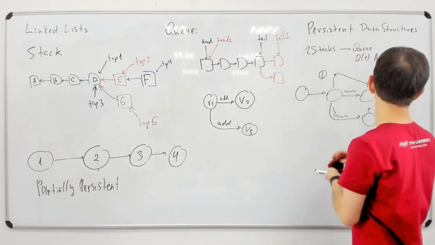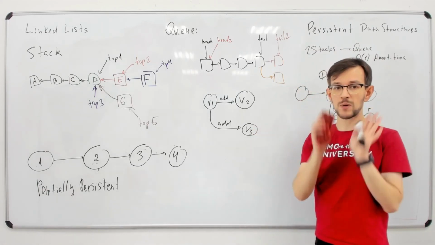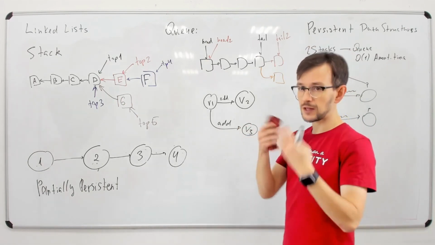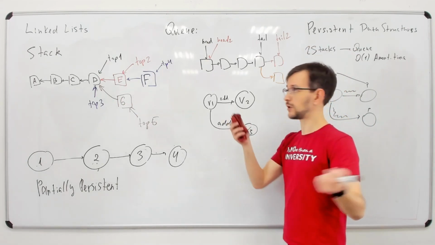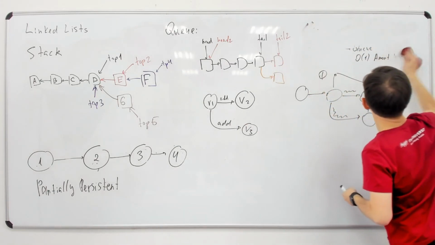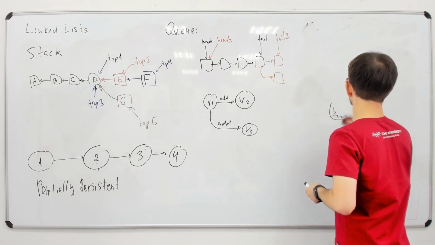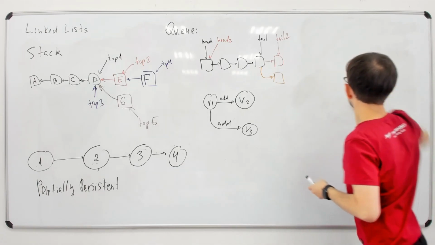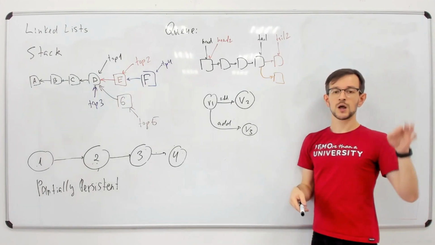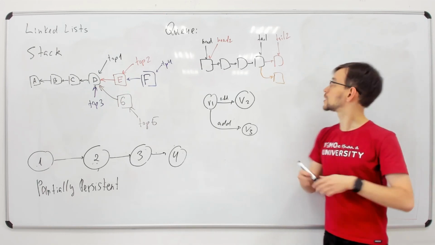Let's talk about linked lists. Let's have a partially persistent linked list in which you can add elements, remove elements, and iterate over all elements. So I will build a partially persistent linked list with, let's say, 3 operations.